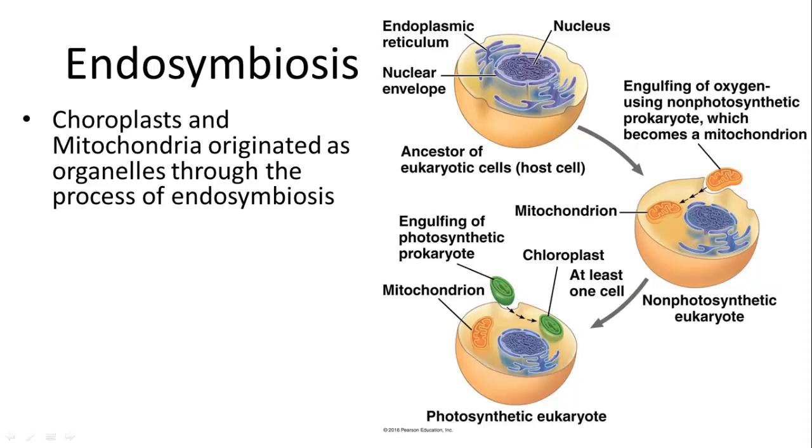The theory is that chloroplasts and mitochondria originally were individual prokaryotic cells that somehow got engulfed by a larger cell, and the relationship became mutually beneficial, so that both were gaining in being closely associated, in so much that they created a more efficient cell. And the evidence for this includes that both have double membranes.